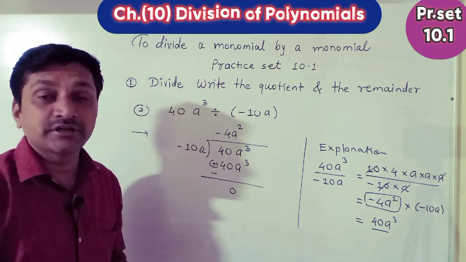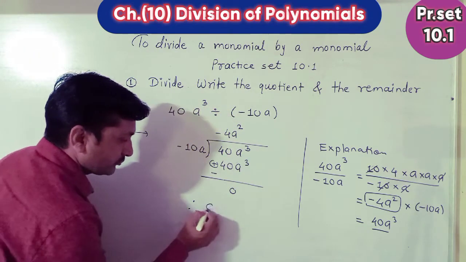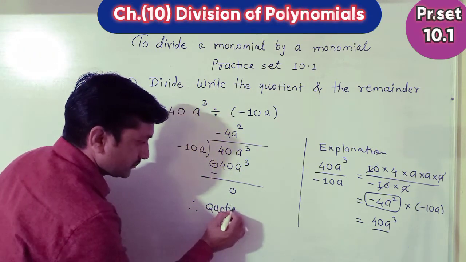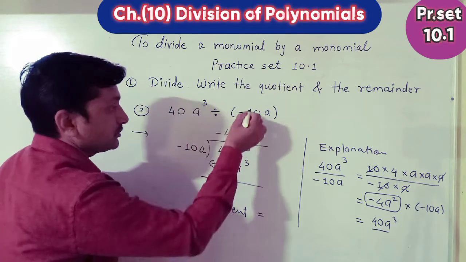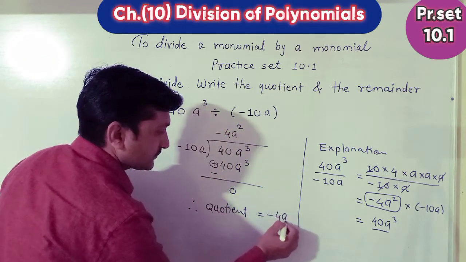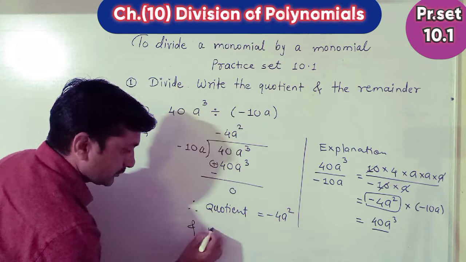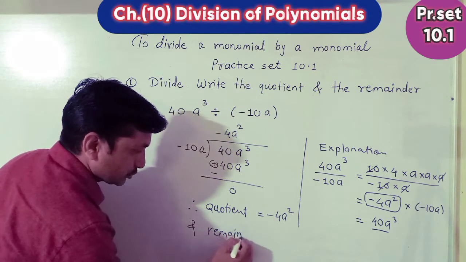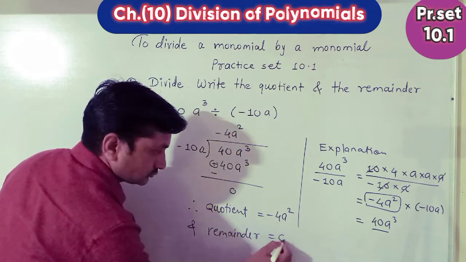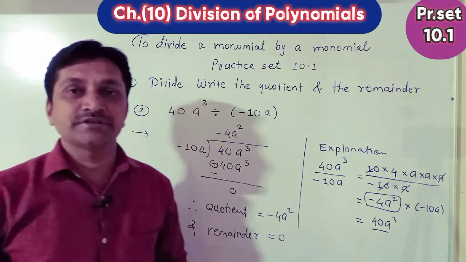Example is completed, division is completed. Therefore here we have to write quotient and remainder. Quotient is minus 4a square and remainder is 0. In this way division is completed.